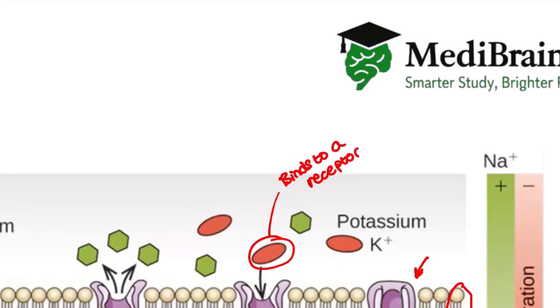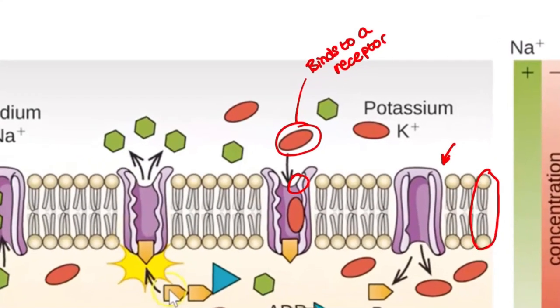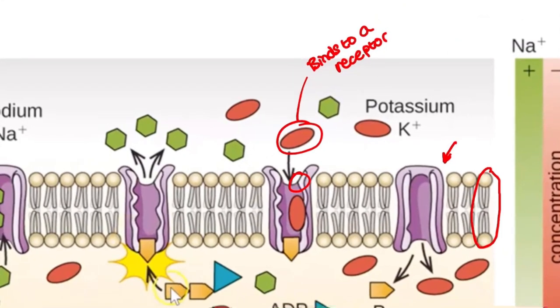Once it's bound to a receptor, it's then going to tell an ATP molecule to also bind to the inside of this protein. So it's going to call an ATP molecule to bind to the inside of the membrane.